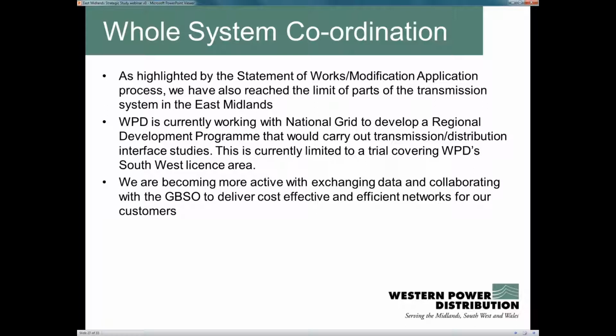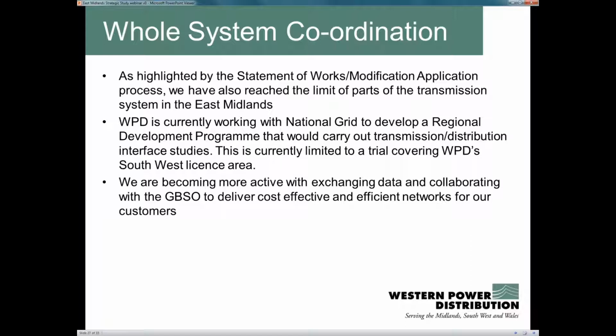We also see that whole system coordination is increasingly becoming more important. We mentioned earlier the statement of works process that we have trialled across a number of our GSPs to update National Grid with a more up-to-date picture of what our network capacity requirements are and where we think they're going into the future.